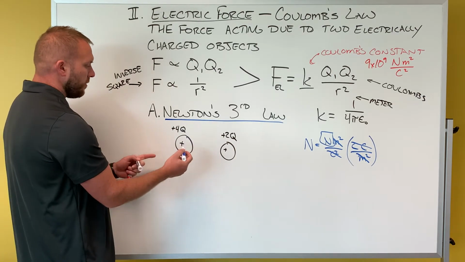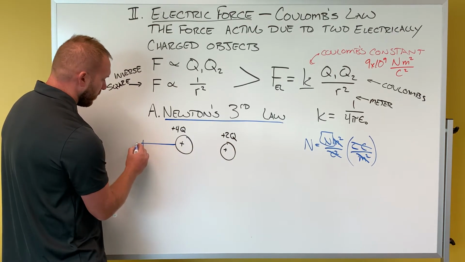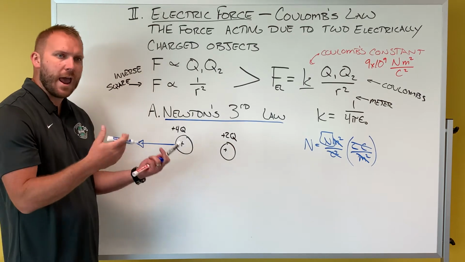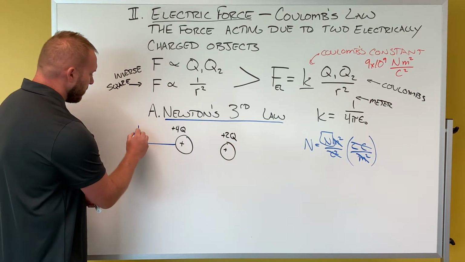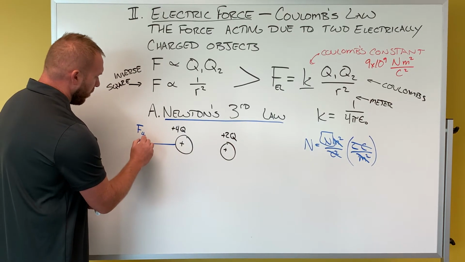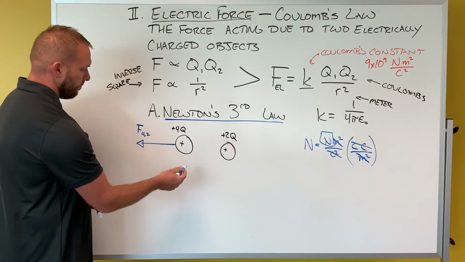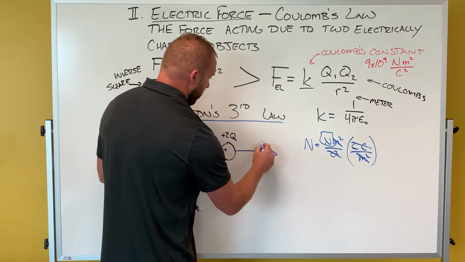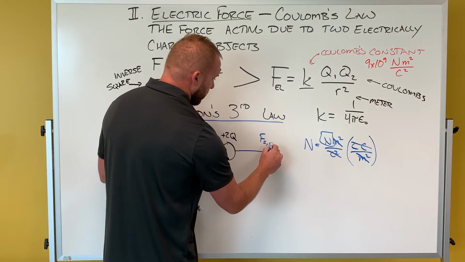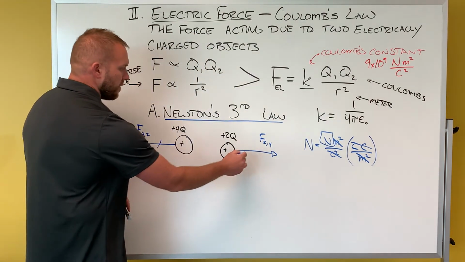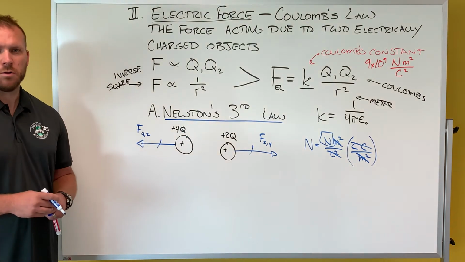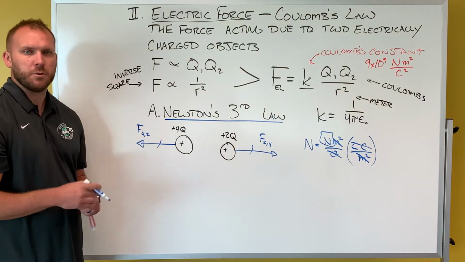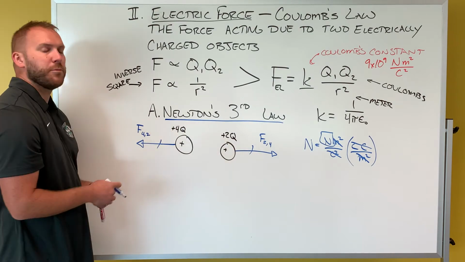Because they're repelling, this is my action, we could call it an action-reaction pair, but this is the force on 4 due to 2, and this is the force on 2 due to 4. Those two values must be equal. They must have the same magnitude, and they're also in opposite directions.